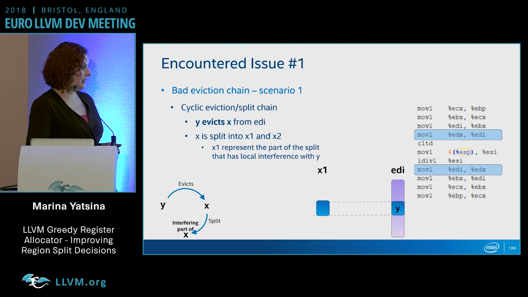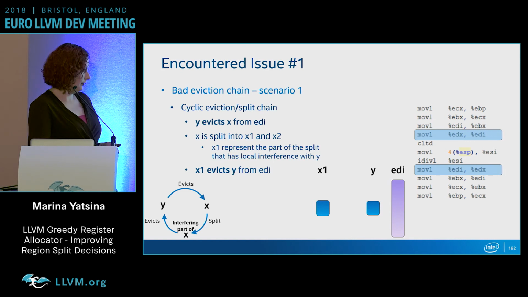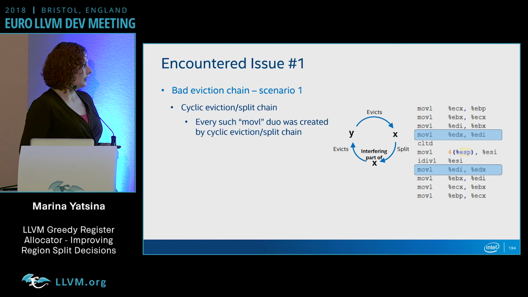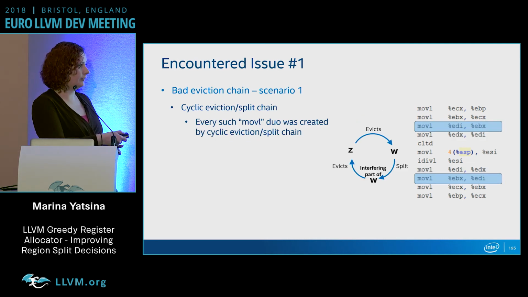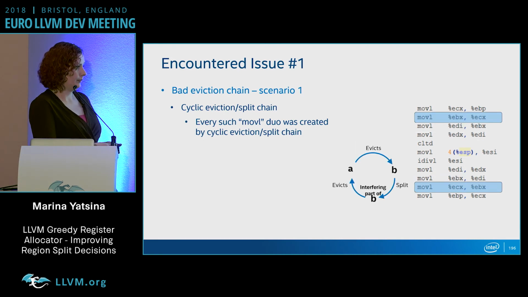One of the intervals, X1 this time, has the local interference with Y. And now X1 evicts Y back again. So here we get the circle: Y evicts X, X is split, and the interfering part of X evicts Y again from the same register. Each such duo mapped to a different eviction circle.